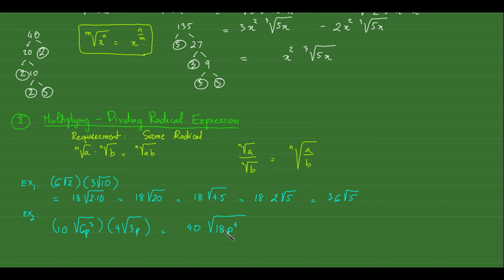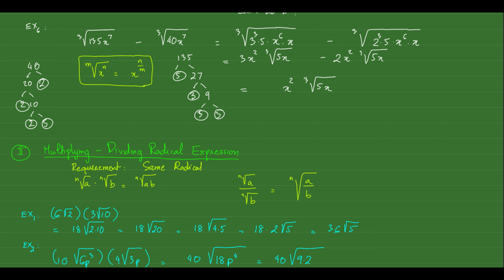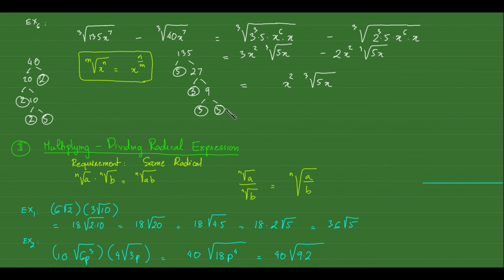Right? And now 18, I can split it up into something so that we can take the square root, so 9 times 2. And p to the 4, remember that we can apply this formula. Let's see. I think, did I apply the correct formula here? Yeah. Okay.